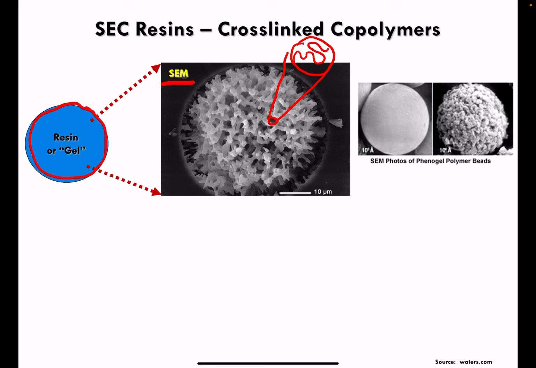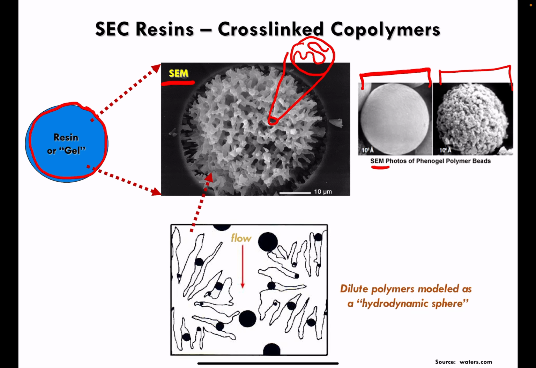The composition and porosity of these beads that are used to pack a column for size exclusion chromatography can be tuned, and the porosity can be very small, almost not recognizable here on the SEM, or the porosity can be tuned to be larger. And this is how one can dial the molecular weight characterization capacity of a column for column chromatography based on size exclusion.